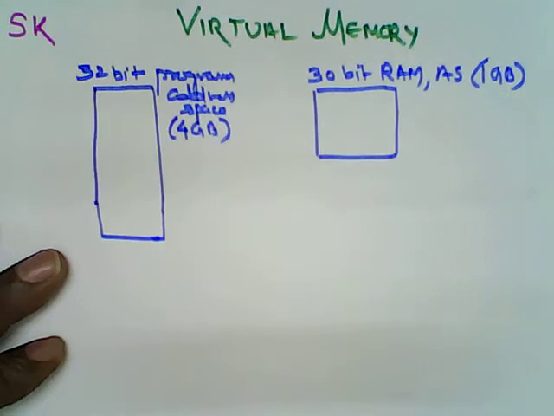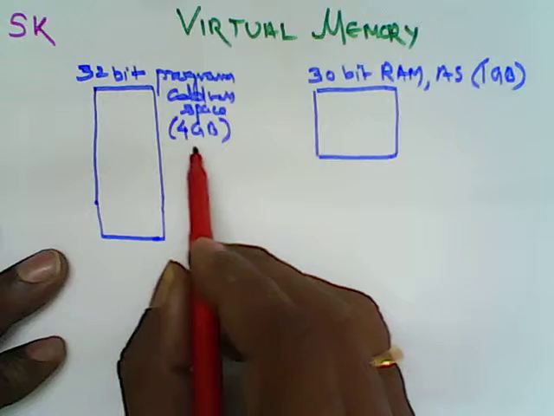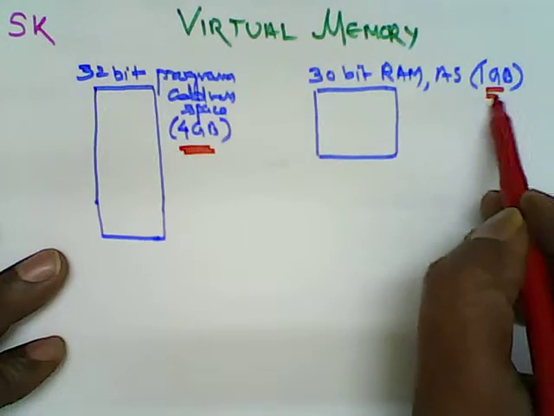Now you just see, this is 4 GB and this is 1 GB.